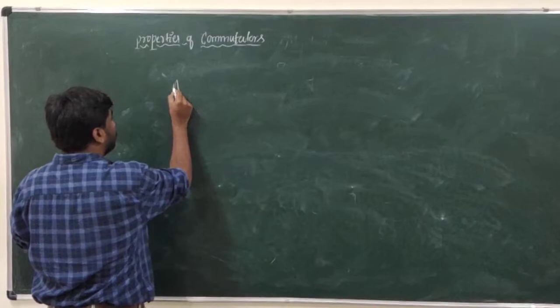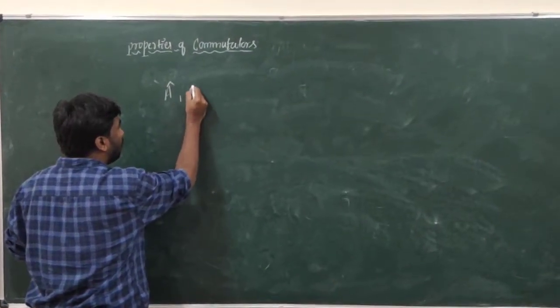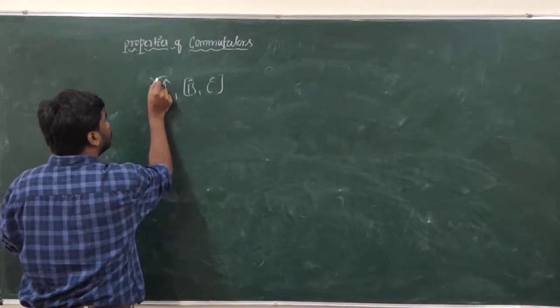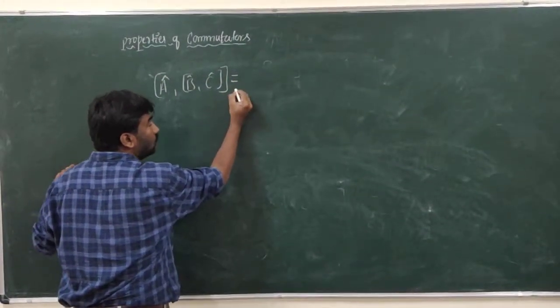Next, the Jacobi relations, that is [A, [B, C]] + [B, [C, A]] + [C, [A, B]] = 0.